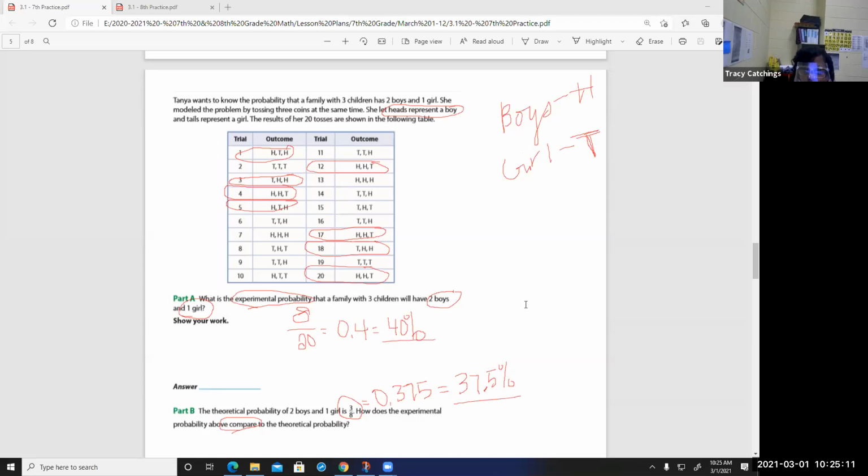Somebody give me a comparison. How do I compare? What do I look for when I'm comparing? Math has 3 comparisons.